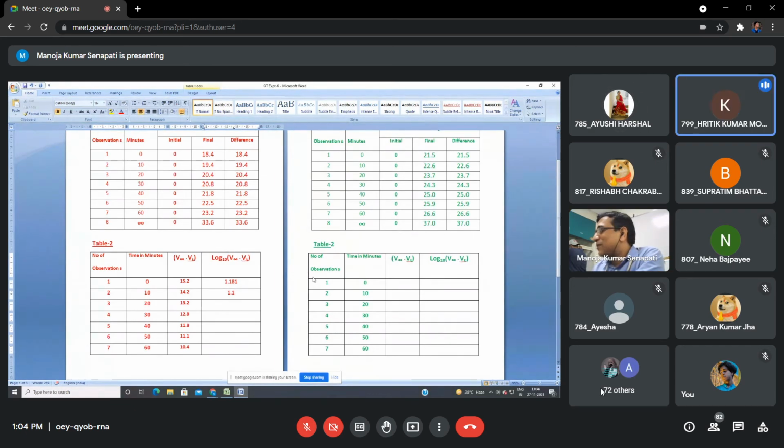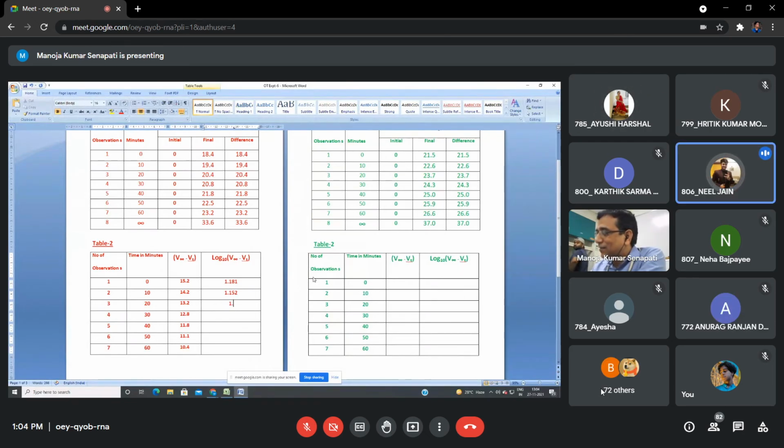1.152. Is it right? Yes. Next one, 1.12. Next one, 1.107.